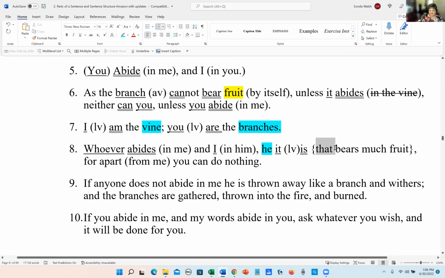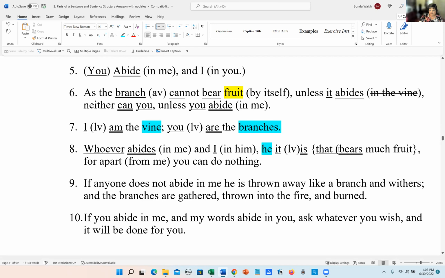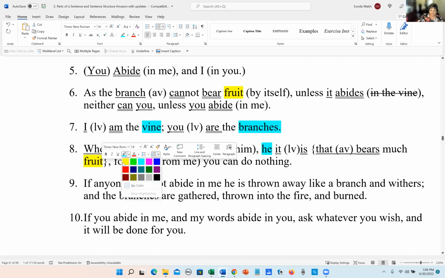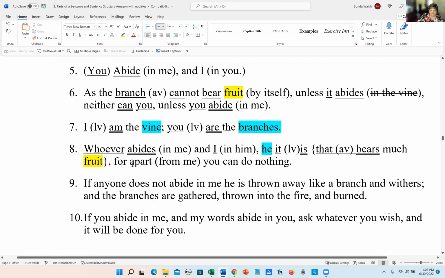And that is a subject. Bears is a verb. That bears, okay, bears is an action verb. That bears what? Fruit is a direct object. So you is a subject.